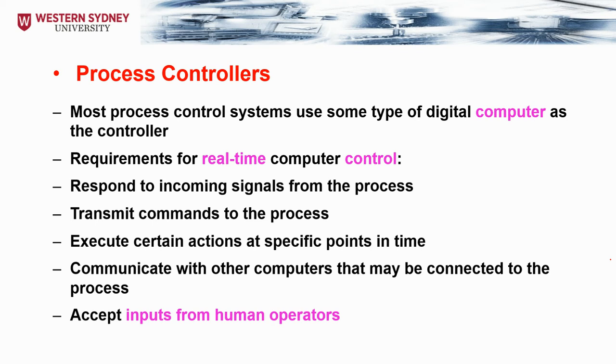Now, the requirements for the real-time computer control system are, first, to respond to the incoming signals from the process, transmit the commands to the process, execute certain actions at specific points in time, communicate with other computers that may be connected to the process, and finally accept the inputs from human operators.